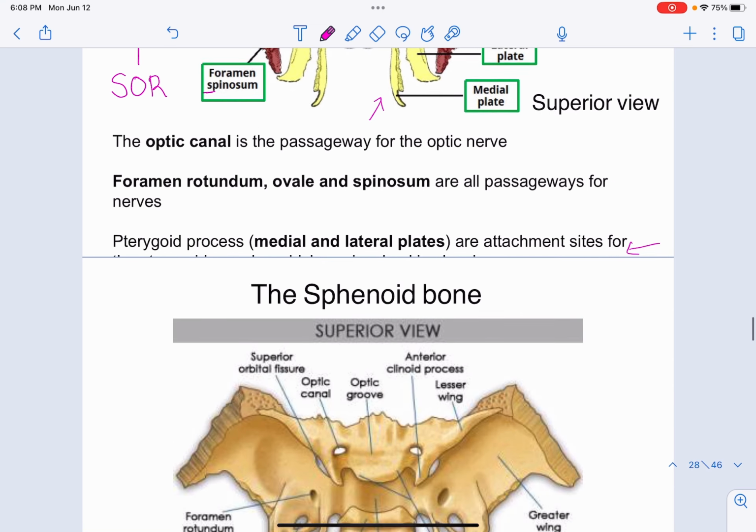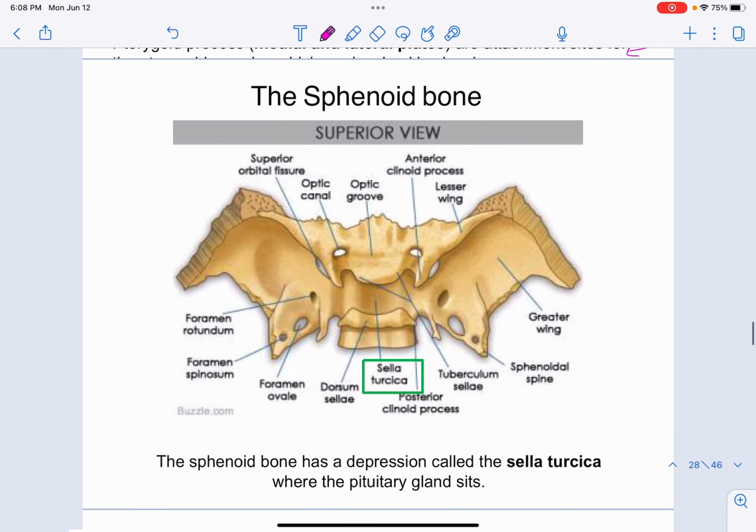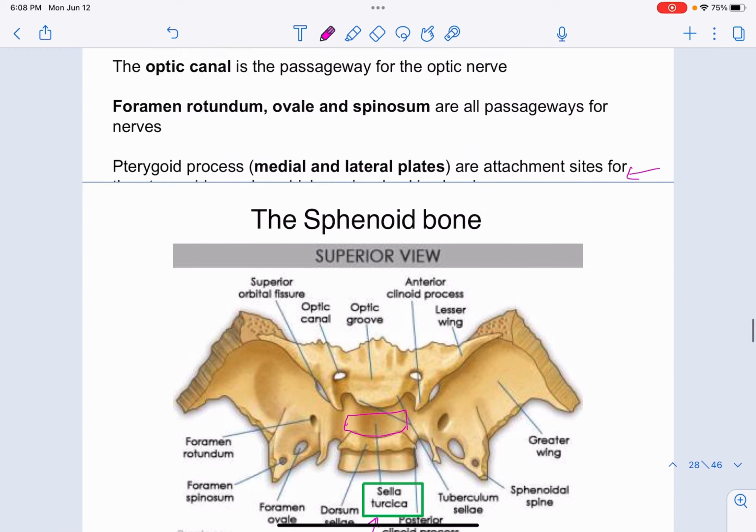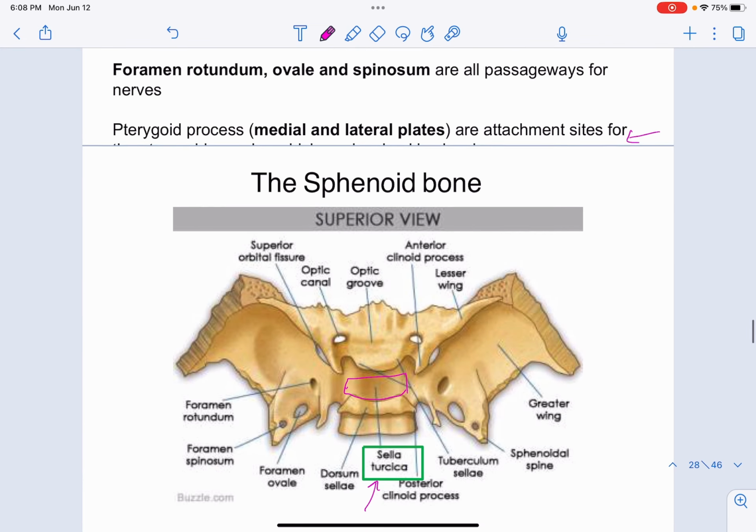Let's see, what else do we need to cover? Oh, if you flip the sphenoid bone to the other side, okay, there is a little depression here, and that is called the sella turcica. So again, we're looking at it from a different angle than this first picture, okay? So we flip it over.